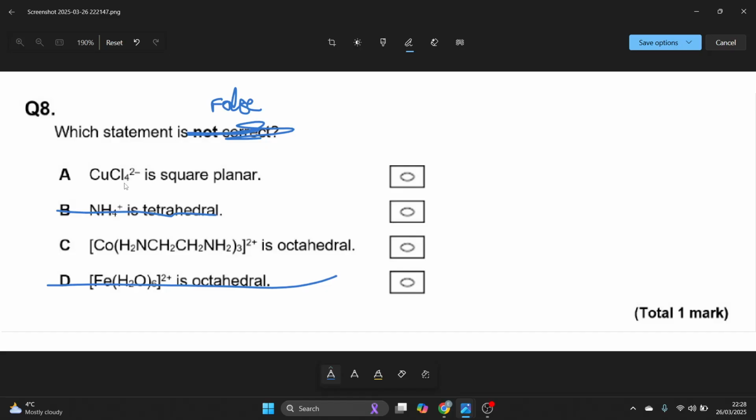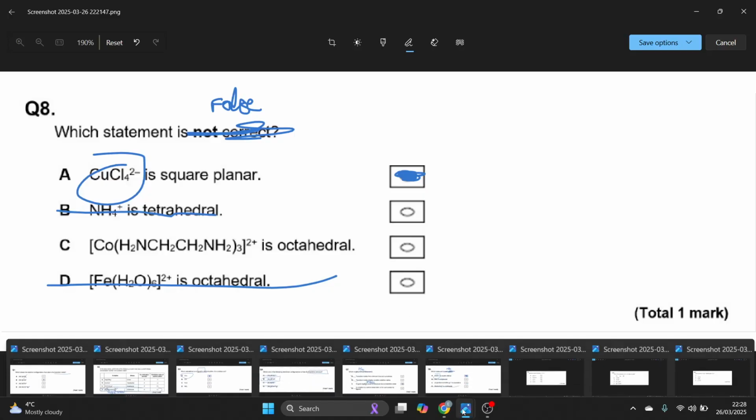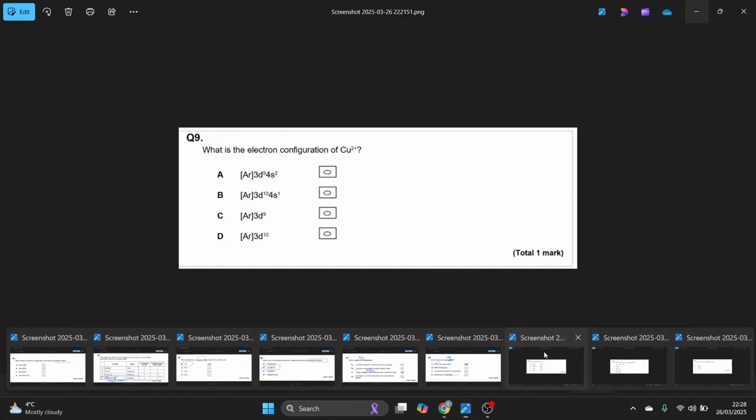Square planar, CuCl4 2 minus, no. Now, my best advice for these kind of questions: familiarize yourself with as many examples of these as possible, memorize the shapes, memorize all these complexes and designs, learn the shapes as well. And so you can just easily spot it. You don't need to think about it at all. You can just spot them.